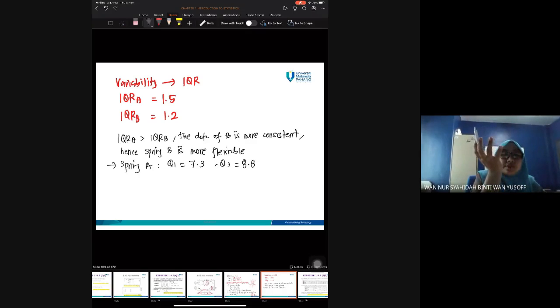If we go back to the measure of position, IQR is about 50% of your data set. The distance from Q1 to Q3 is about 50% of your data set. So we can use that characteristic to comment on the flexibility of the spring here.